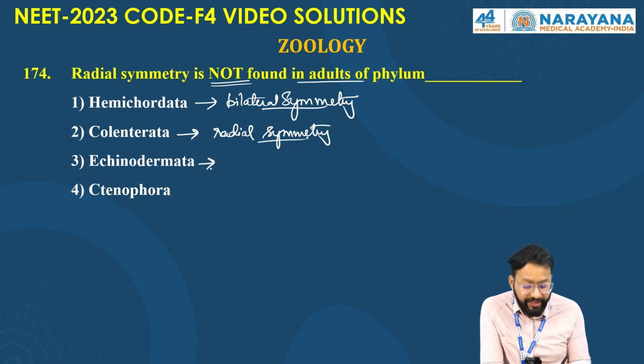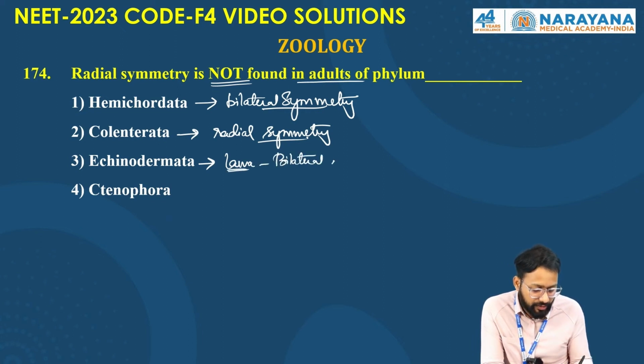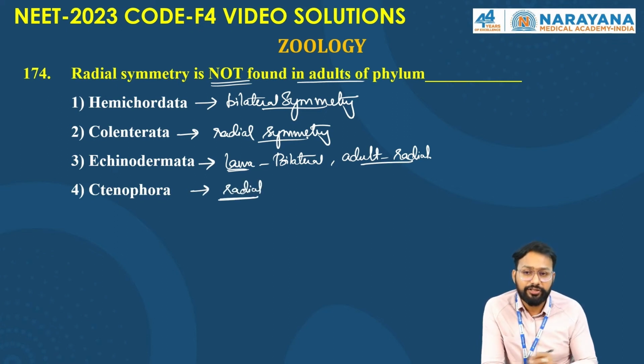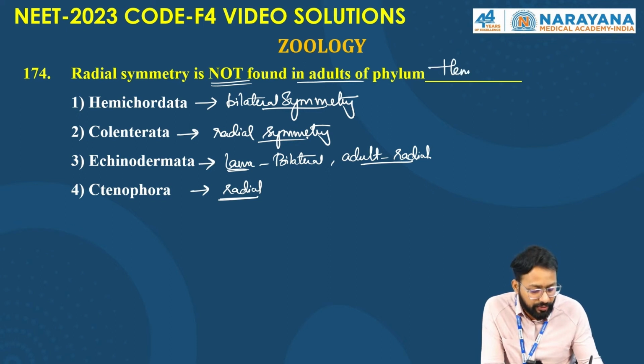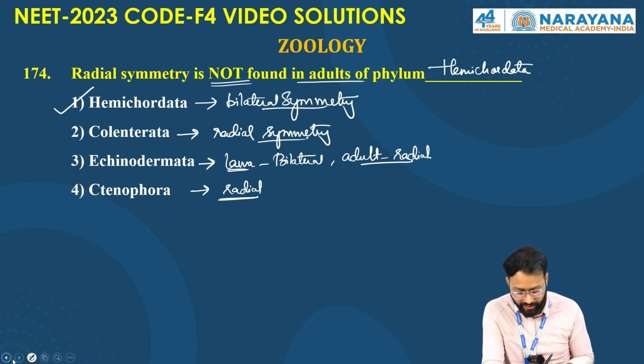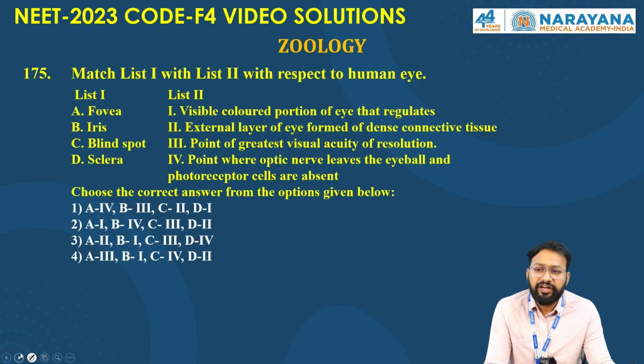Echinodermata larva has bilateral symmetry, while the adult has radial. Ctenophora has radial symmetry. So the correct option should be Hemichordata. Option 1.